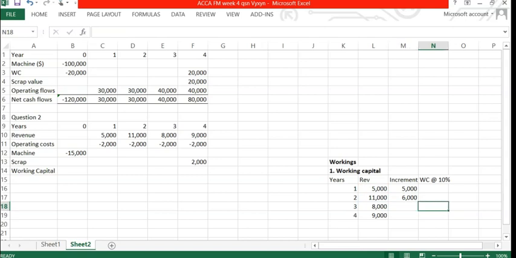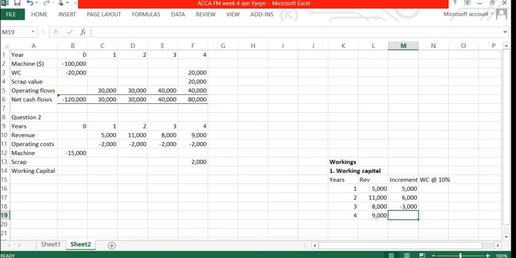Then this figure is going to be the difference between this figure, all right, let me put an equal sign, this figure minus this figure. That's 3,000. But you can see that this figure is negative.